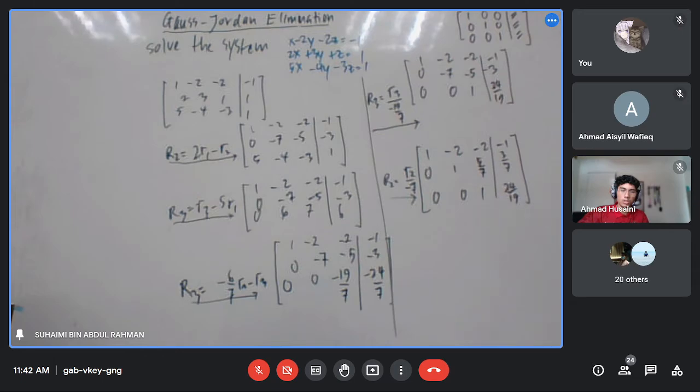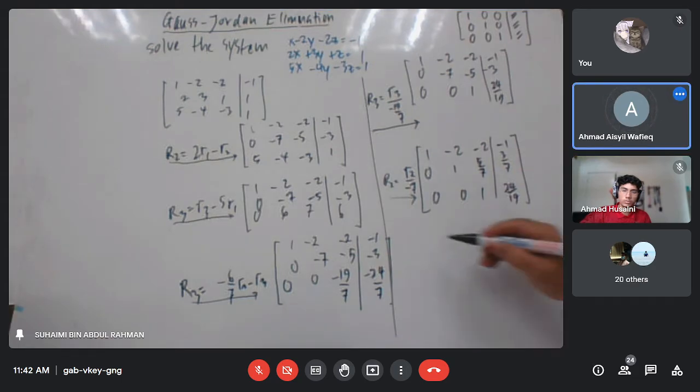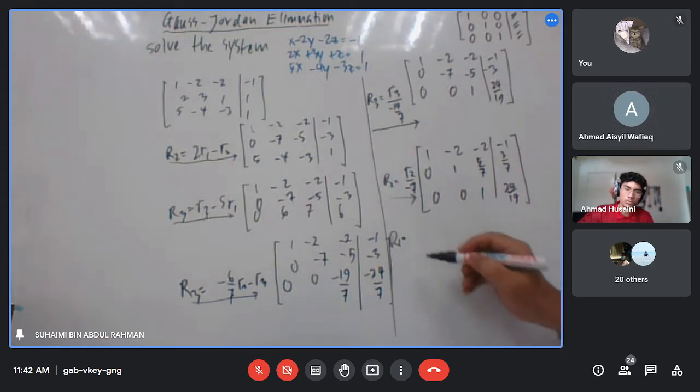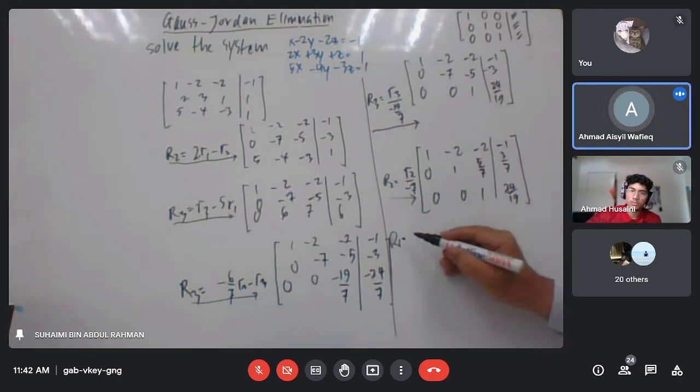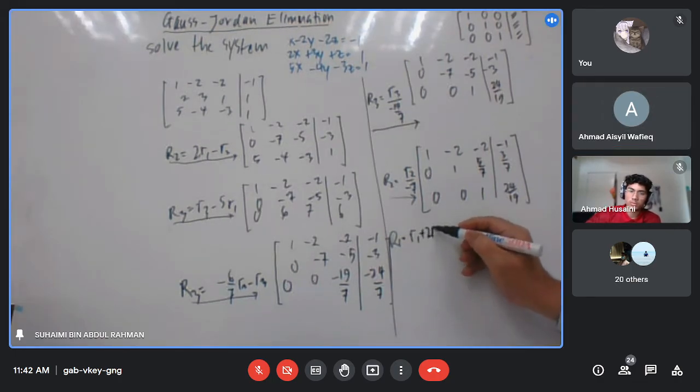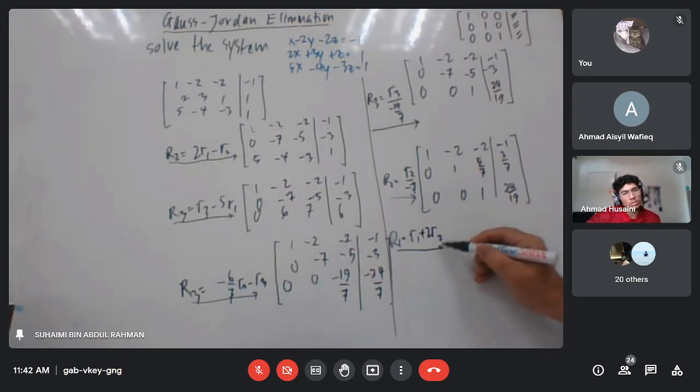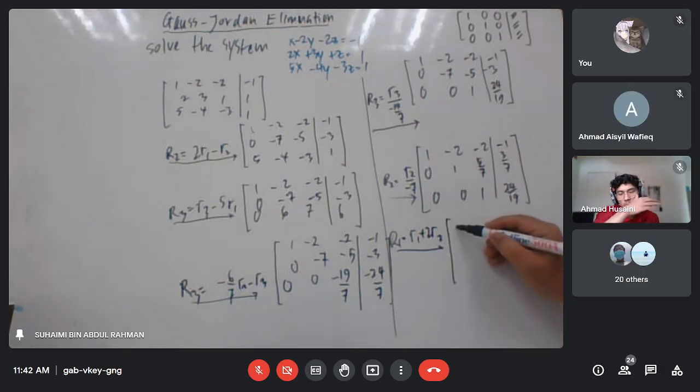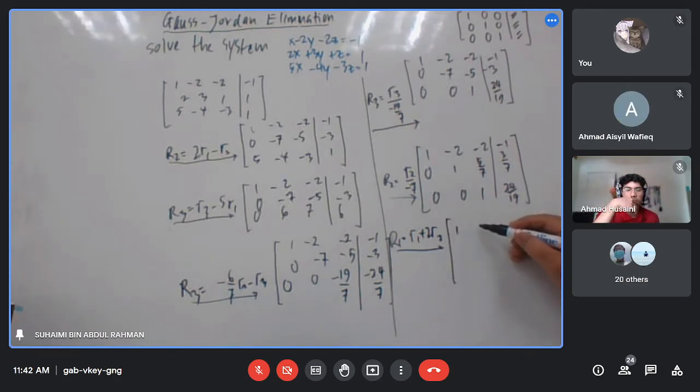So how do you do that? Row 1 plus 2 row 2. 1, 0.